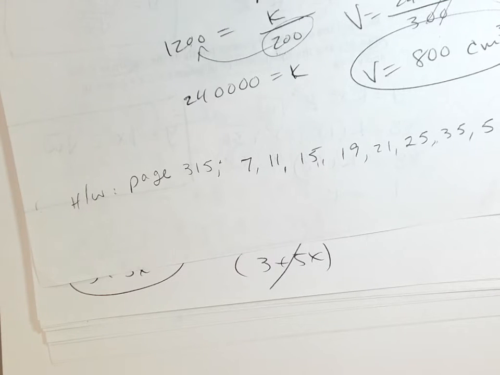So in 25, they tell me now, find y when x equals 8. So 4 times 8 squared. 64 times 4 is 256. I'm not going too fast.